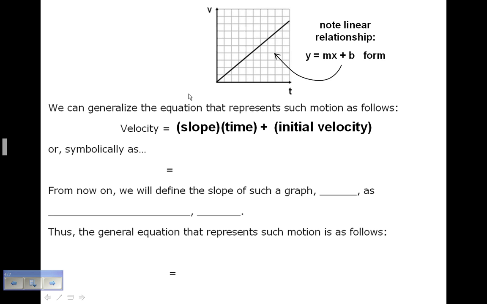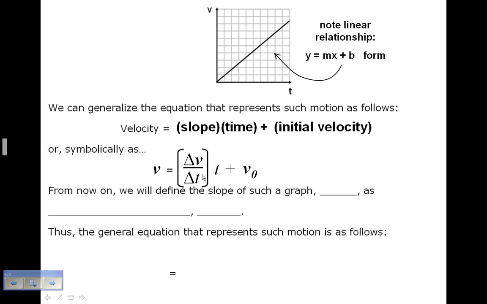So boiling that down to symbols, the slope, because it's rise over run, or change in y over change in x, what we're really plotting here on the y-axis is v, velocity, and time on the x-axis. So our slope can really be represented as delta v over delta t. Of course, that gets multiplied by the time value, and again we add in our intercept, which we'll call v subscript 0, just meaning the velocity at time 0.